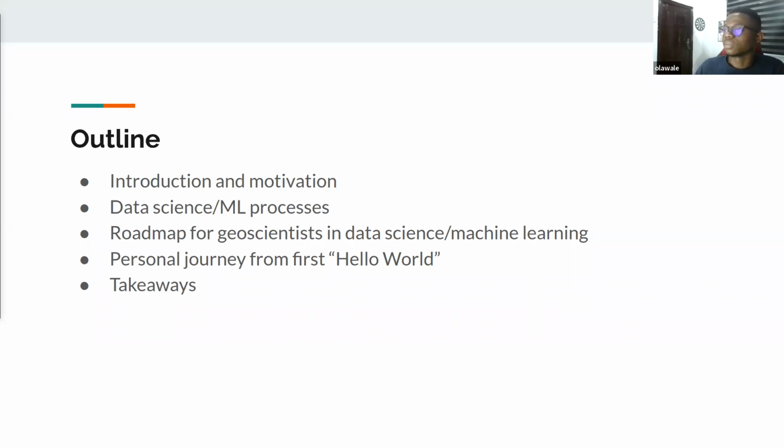Then we'll look at some data science and machine learning processes, and then go into the main topic for today, the roadmap of geoscientists in data science and machine learning. Then finally, my own personal journey from my first Hello World when I started writing Python programs, and then some takeaways, to summarize the whole session.